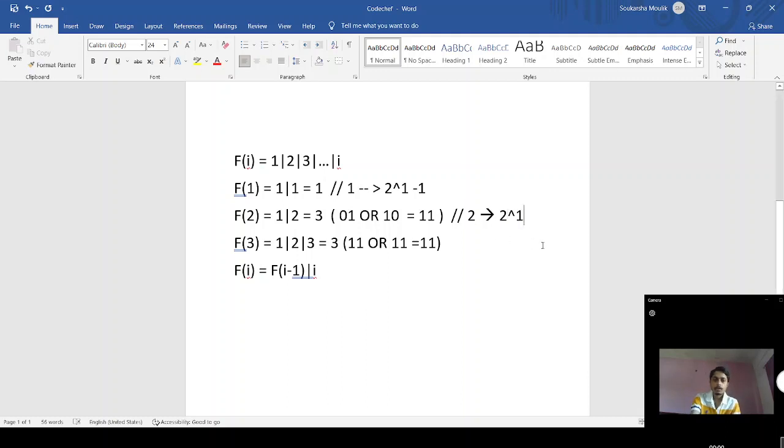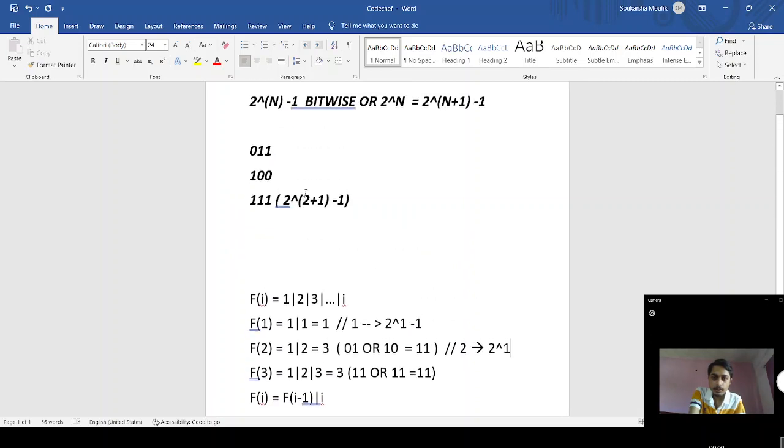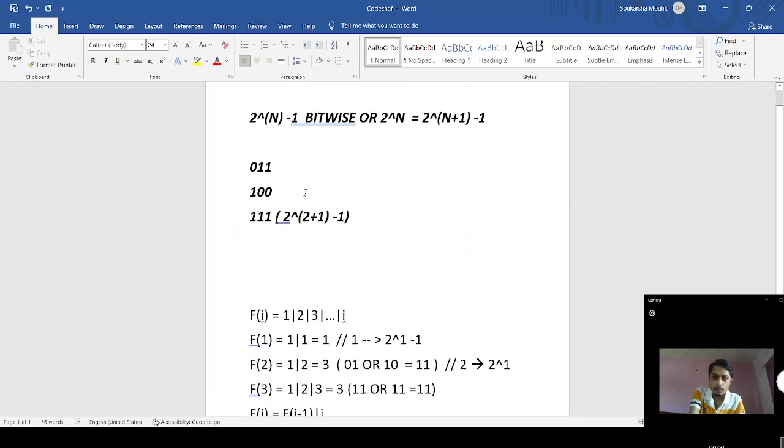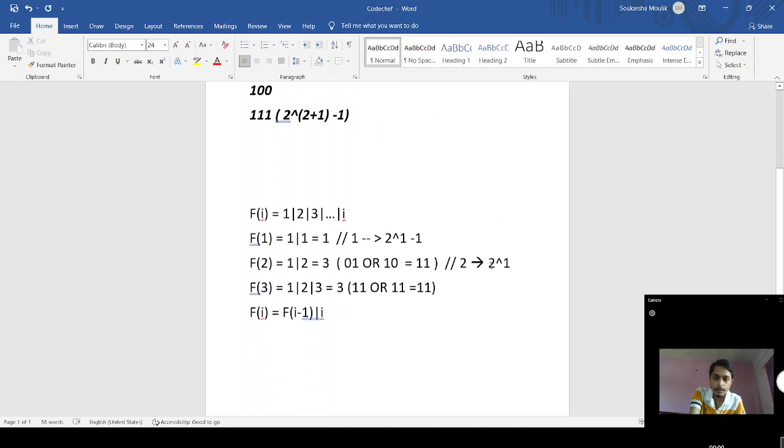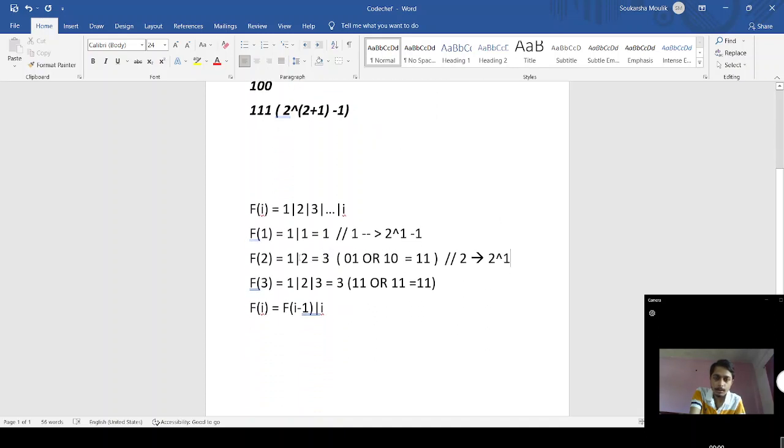So from this thing which we have derived, 2 to the power n minus 1 ORed with 2 to the power n will give 2 to the power n plus 1 minus 1. You can also see that 2 to the power 1 minus 1 ORed with 2 to the power 1 is giving 2 to the power 2 minus 1, which is 3.